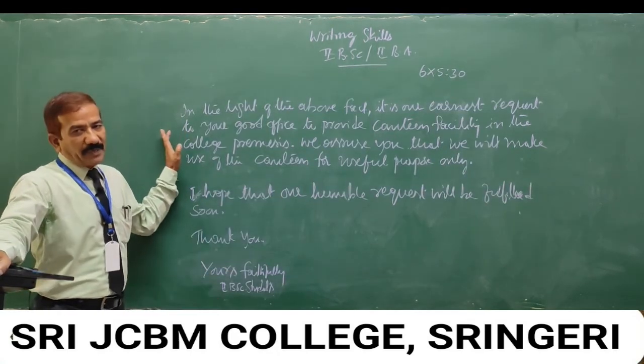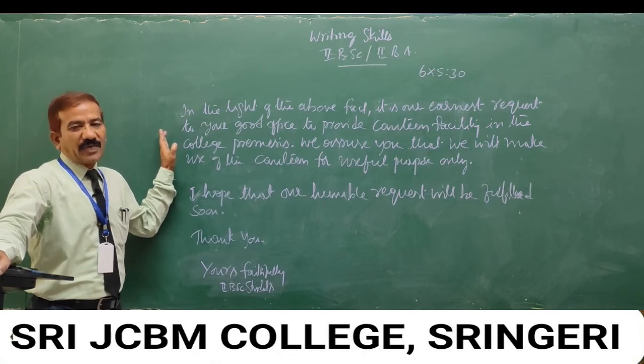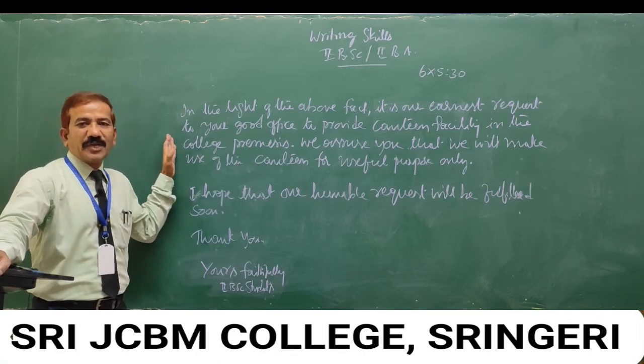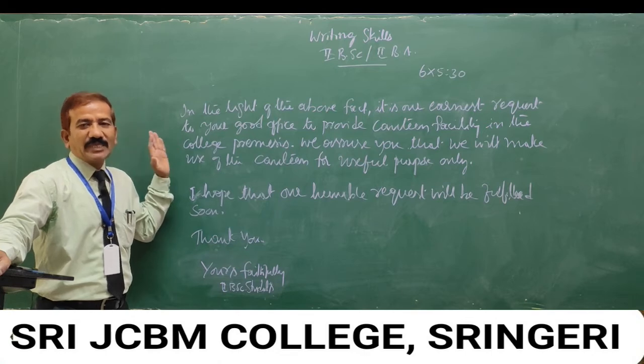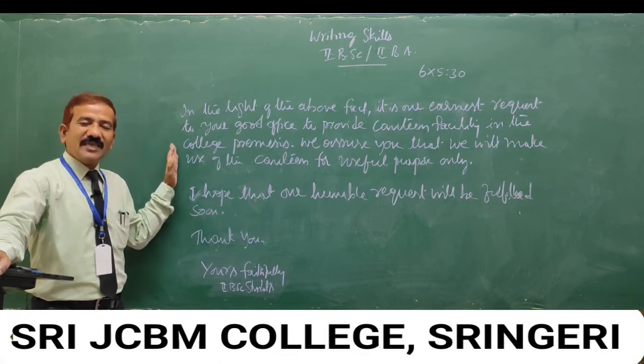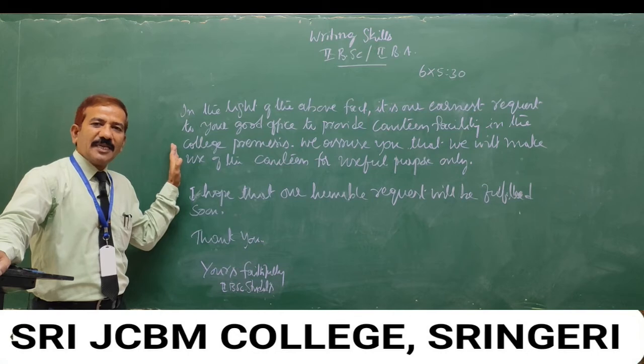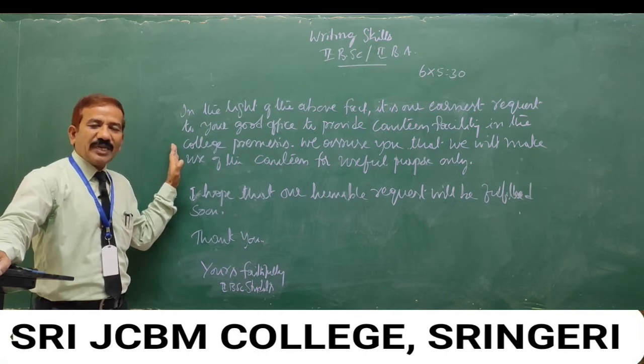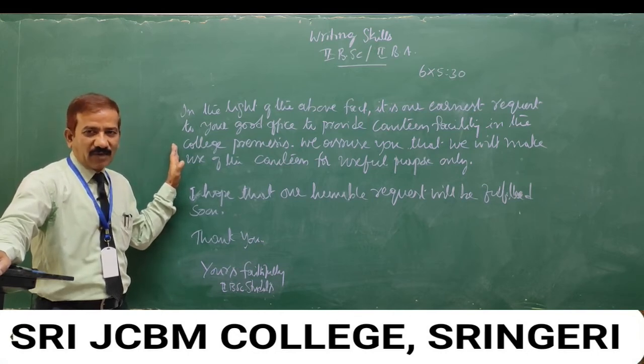Now, in the second paragraph, after the introduction in the first paragraph, we hope for the best by giving a suggestion, an opinion, and what you require to be provided in the college campus.